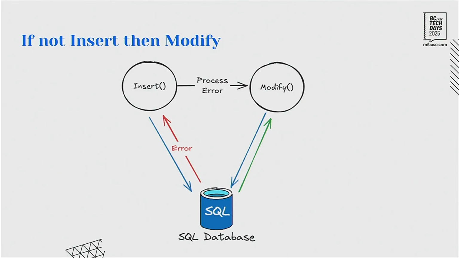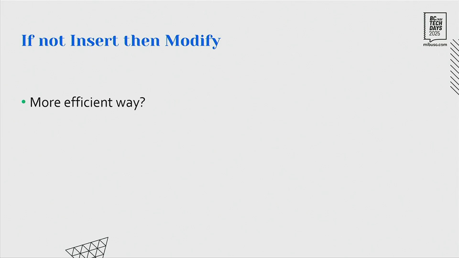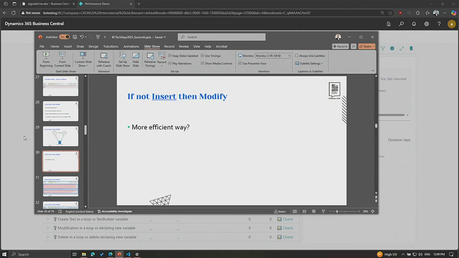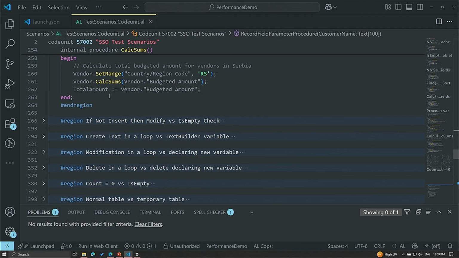So let's first take a look on the demo and then see how it performs. But the main question is, is there more efficient way to do it? So there is. So we will see in a demo. So let's first take a look on the code.